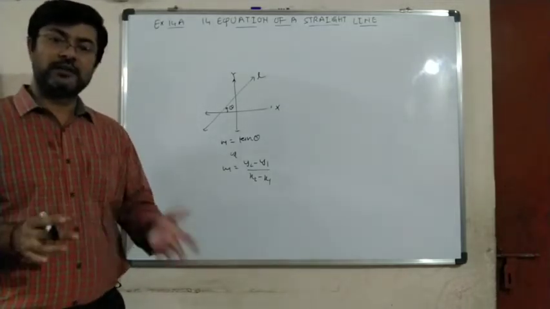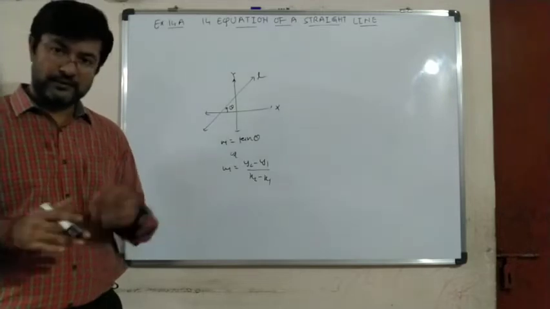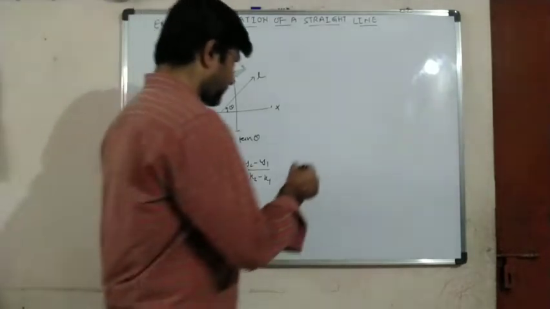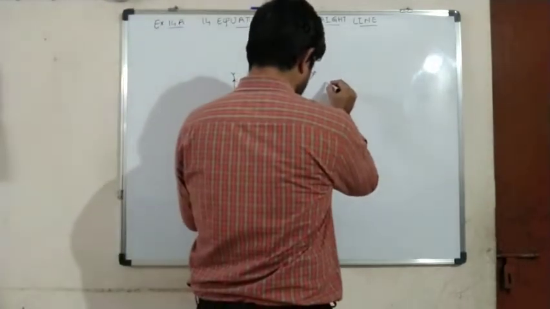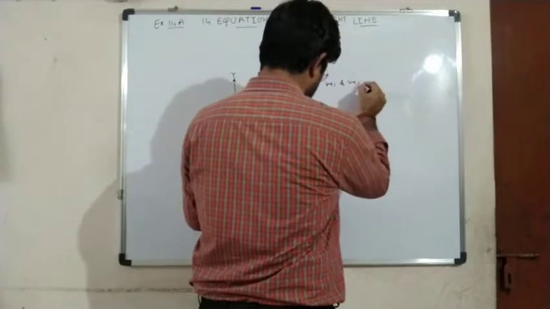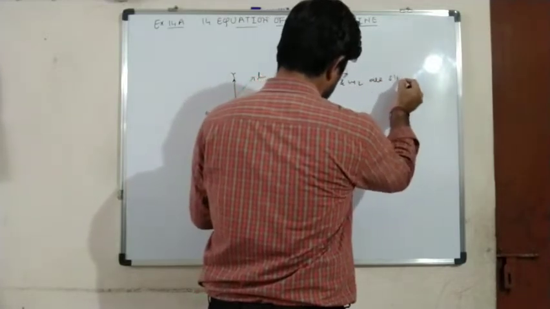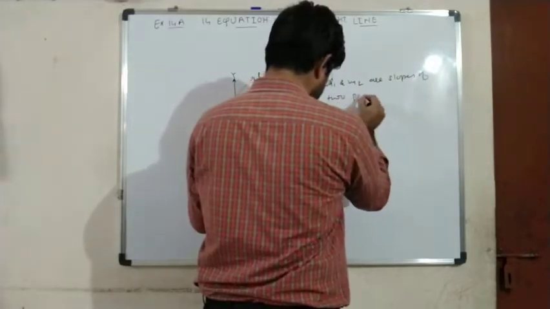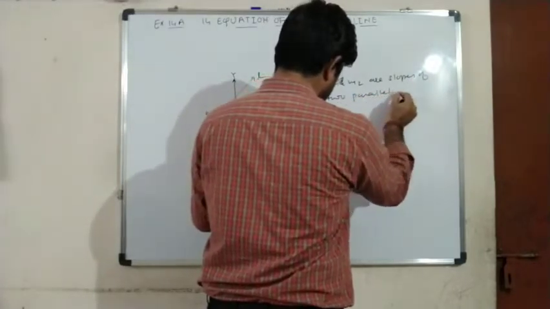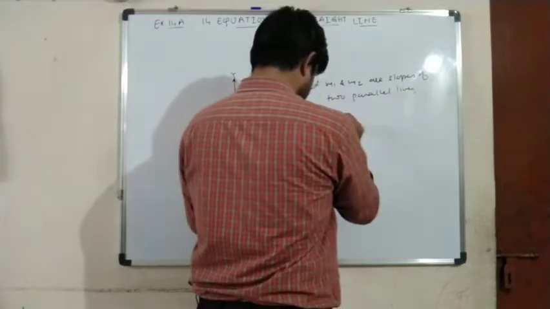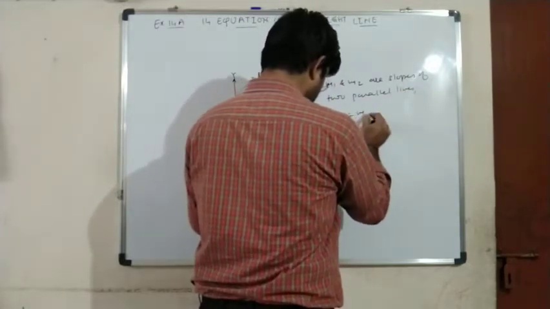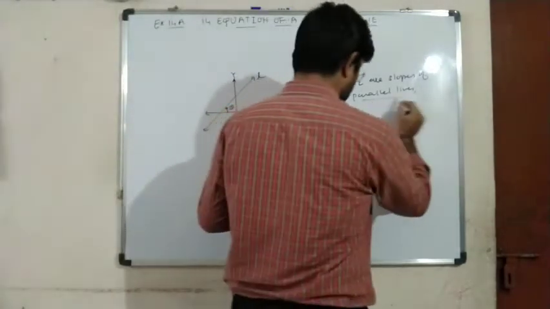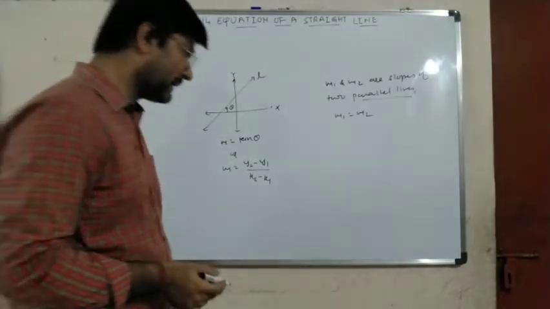Now, what is the relation between the slopes of two parallel lines and the slopes of two perpendicular lines? So number one, if m1 and m2 are slopes of two parallel lines, then m1 is equal to m2. Remember, for two parallel lines their slopes will be equal.